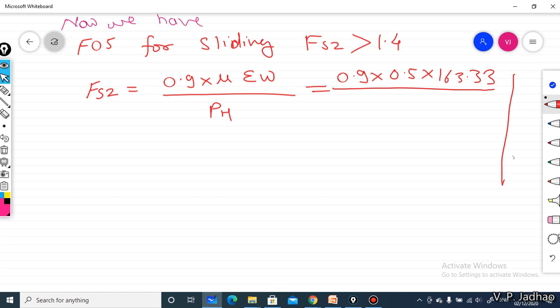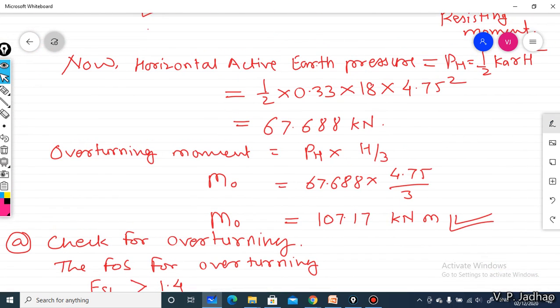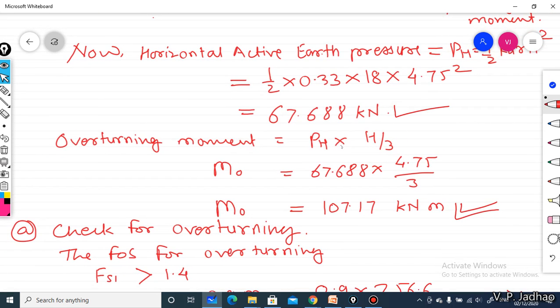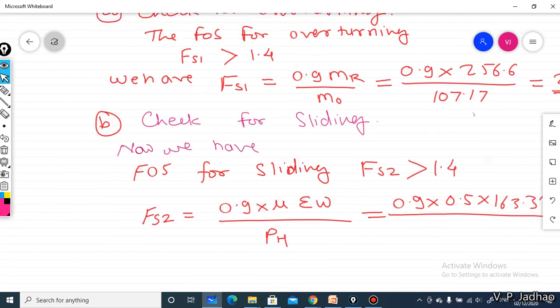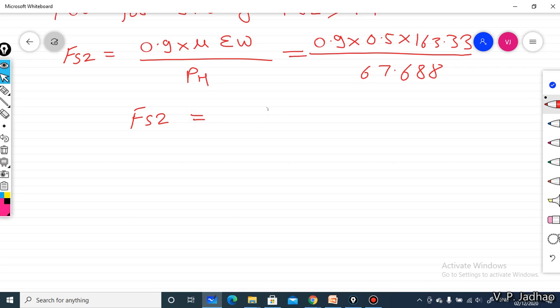We have just calculated the value of pH, that is the horizontal pressure which is acting on this retaining wall, in this particular step. So pH was 67.688.